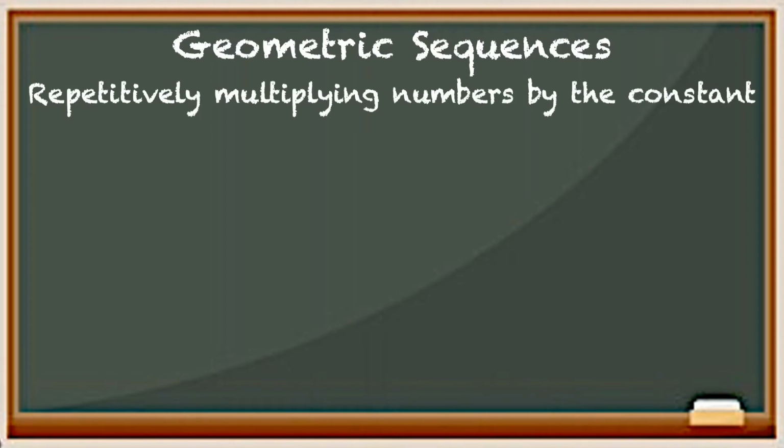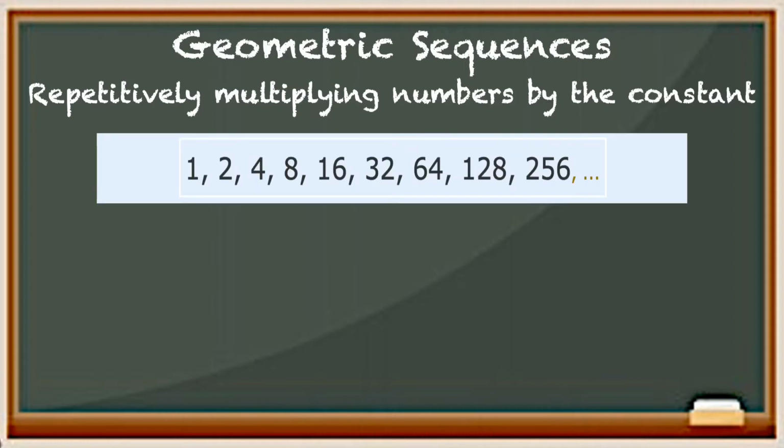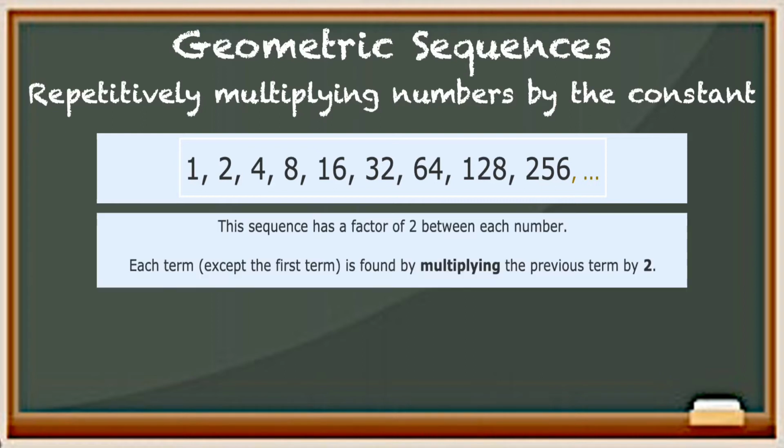So as an example, we have the terms 1, 2, 4, 8, 16, 32, and so on. What is the pattern in this situation? Yes, it is 2. The sequence has a factor of 2 between each number. Each term except the first term is found by multiplying the previous term by 2.